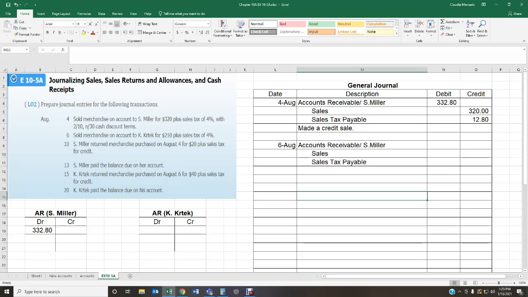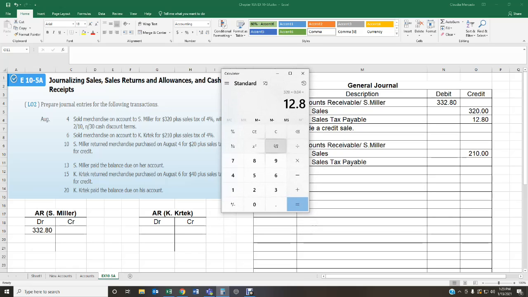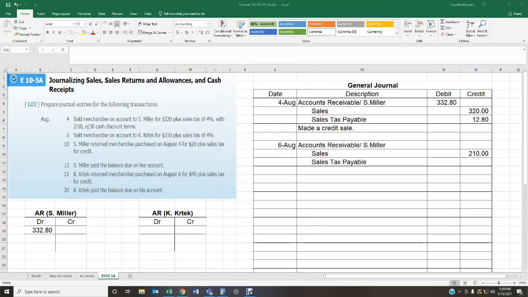Okay, so for August the 6th, how much did Kurtek purchase in actual merchandise? Well, he purchased $210. Okay, how about the taxes? Okay, so it's $210 times 4% tax. That's going to give me $8.40. Okay.